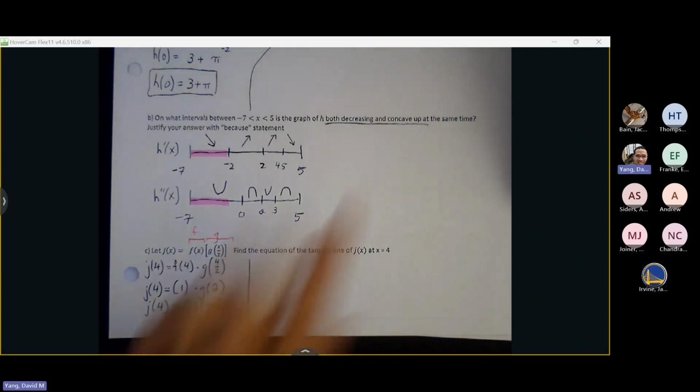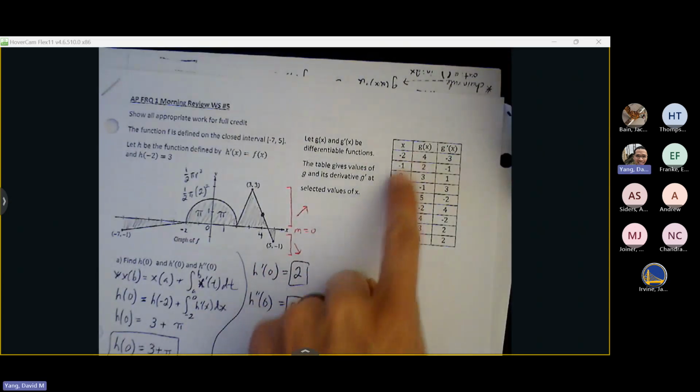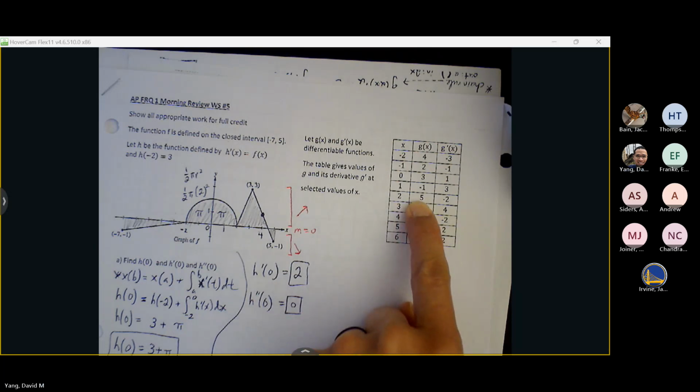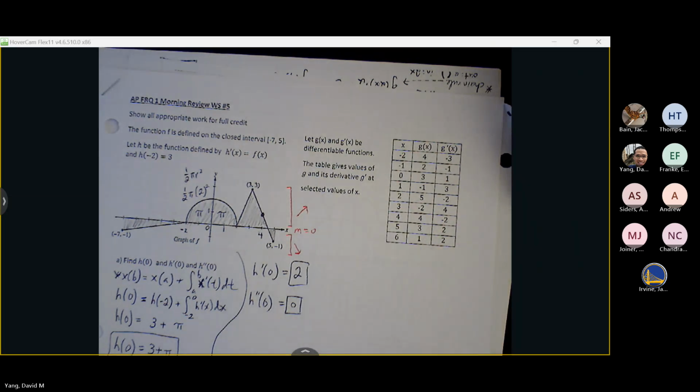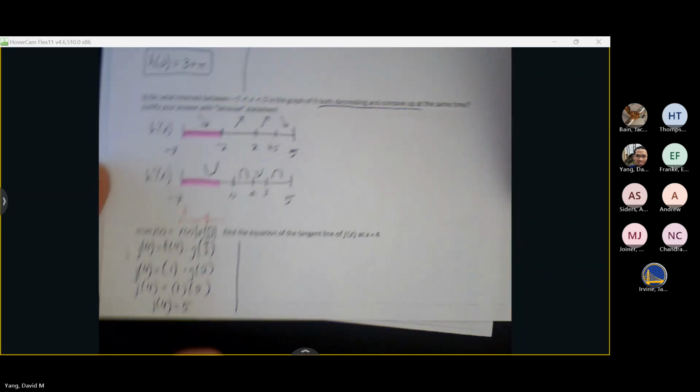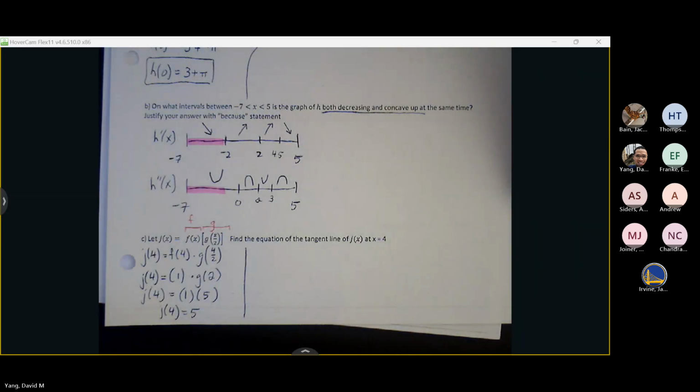G of 2, I'm just pulling it from the table here. Okay, let's go through product rule.